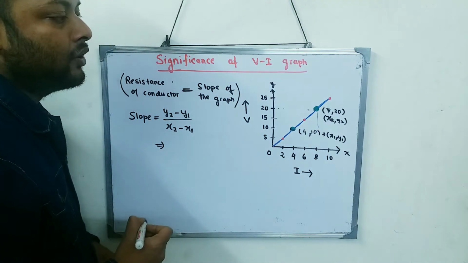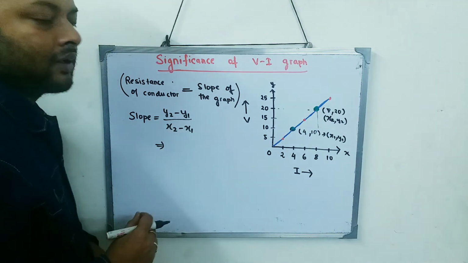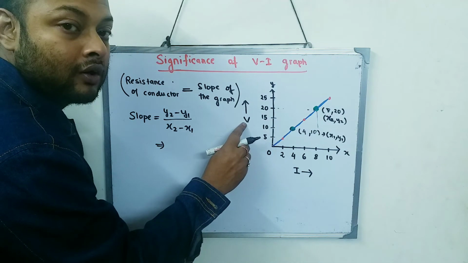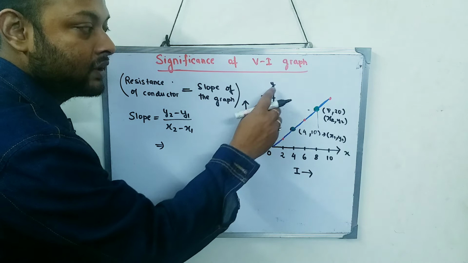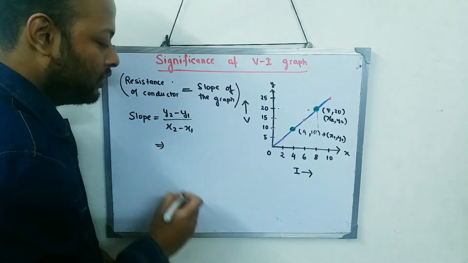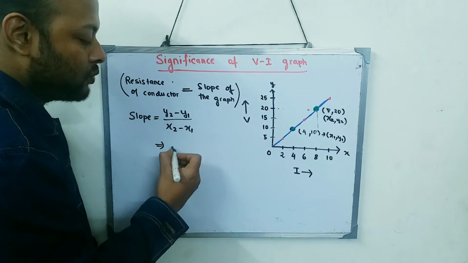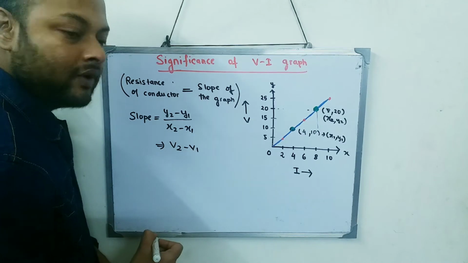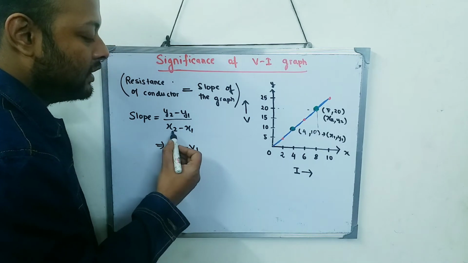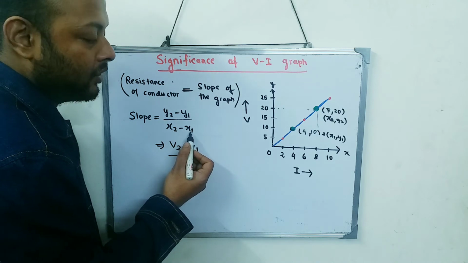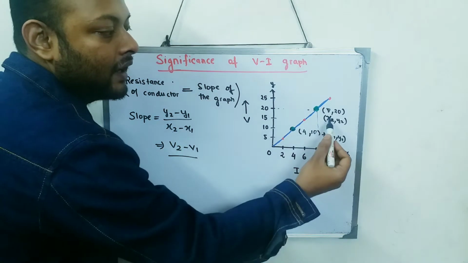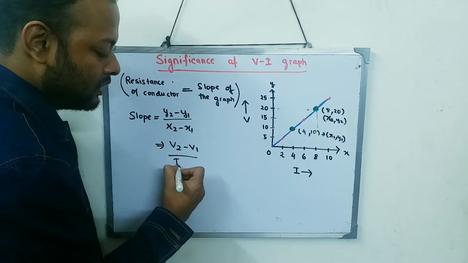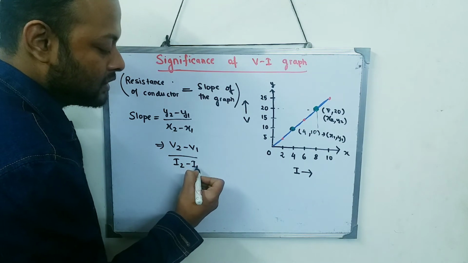Now if you see y2 minus y1, what does y represent? Voltage. The y-axis represents voltage. So instead of y2 minus y1, I can also write V2 minus V1. And instead of x2 minus x1, the x-axis represents current, so I can write I2 minus I1.